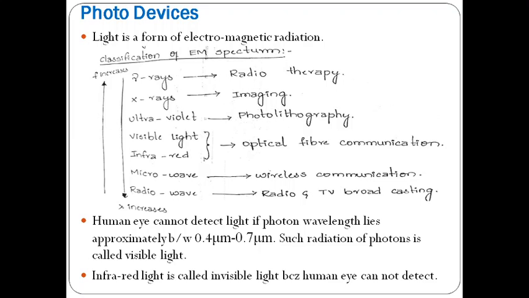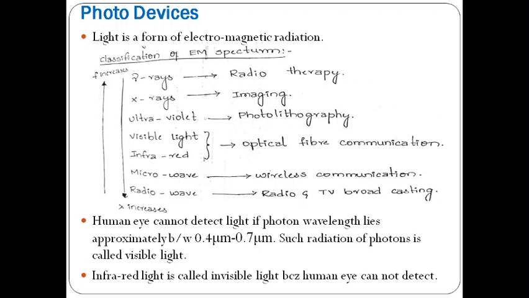This EM wave is classified based on the wavelength. The wavelength is more for the radio waves and less for the gamma rays. Wavelength and frequency are inversely proportional. So this is about the electromagnetic spectrum.